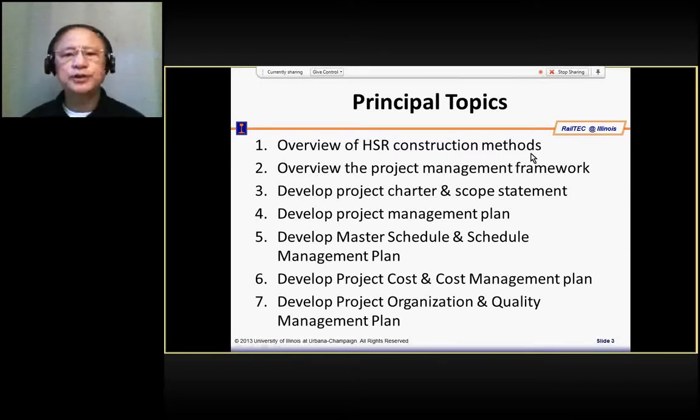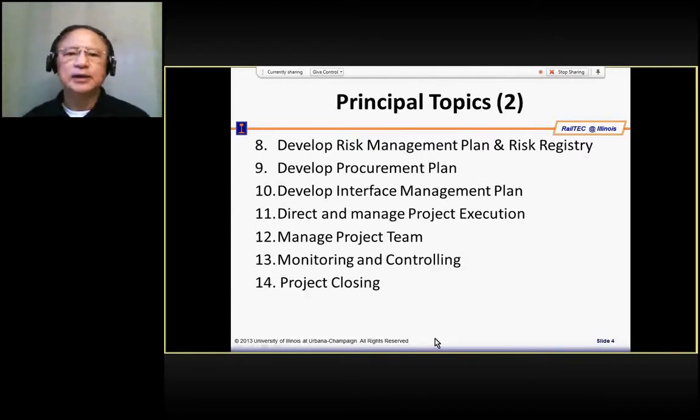Then we go into managing the scope of the project, managing the schedule of the project, managing the cost of the project, and managing the quality of the project, and risk and procurement and interface, and so on and so forth. So that was the subject.